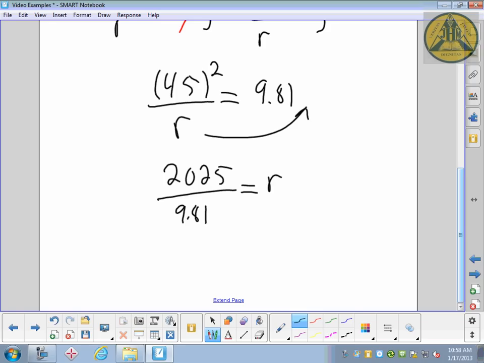Divide both sides by the 9.81, and we get a loop of 206 meters in radius. So if you can get going to 45 meters per second, this guy can definitely clear a 206 meter radius loop. That is one big loop.